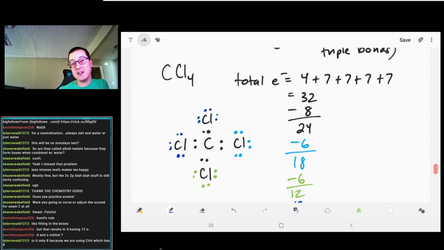What adjusting means is that if any of them still do not have their 8 electrons, we would have to tweak our structure. So if we look at this, all of our chlorines have 8 electrons, and our carbon has 8 electrons. Everyone's happy. And so we are done. We do not need to adjust the structure.